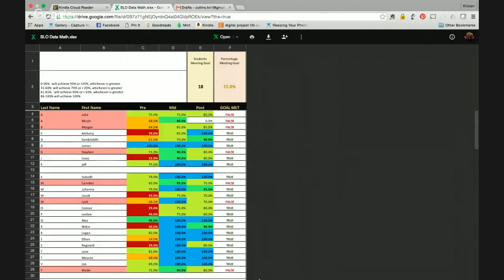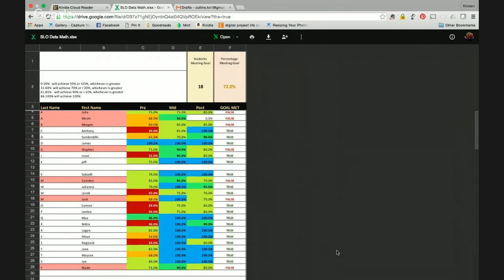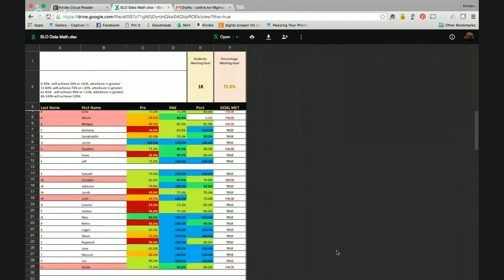So did they make the improvement that I set out to make with those students? And that was true 72% of the time. So anything that says false here, they did not reach the goal that was labeled up here from the pre-test to the post-test. Now, they may have met it at the midpoint, but the midpoint was significantly easier than the post-test, which is something that I'm going to go through in my exploratory questions as well.